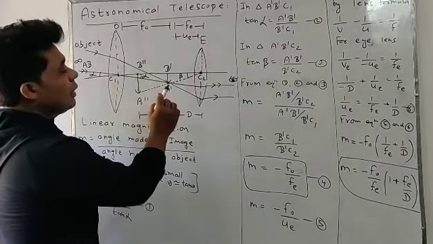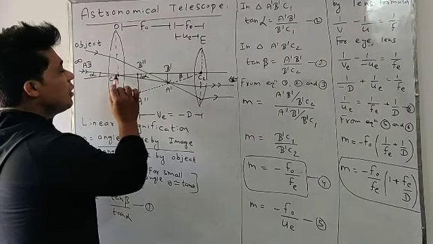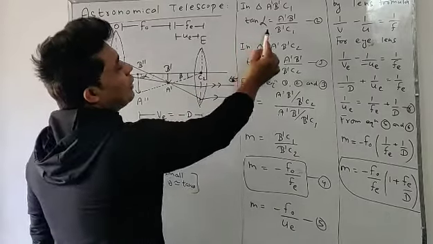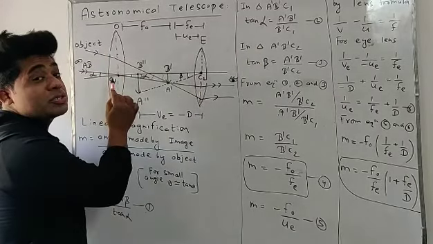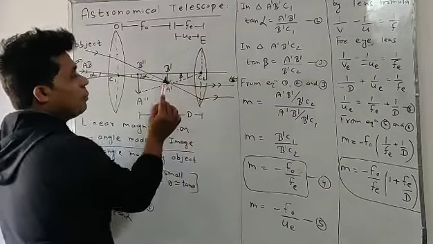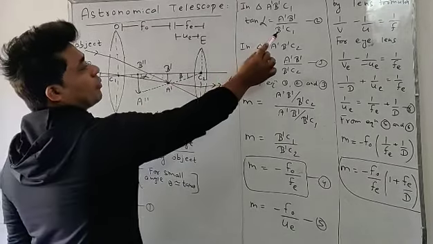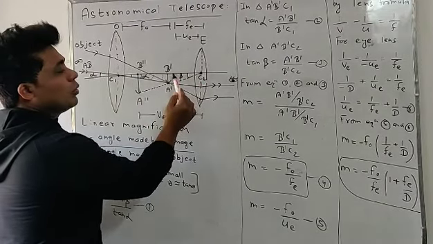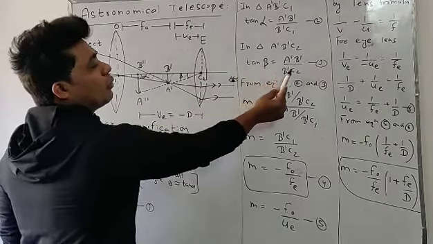Look at the triangle A dash B dash C1. In this triangle, we obtain tan alpha, perpendicular by base. The perpendicular is A dash B dash and the base is B dash C1. Now look at triangle A dash B dash C2. Again we find tan beta, perpendicular by base.